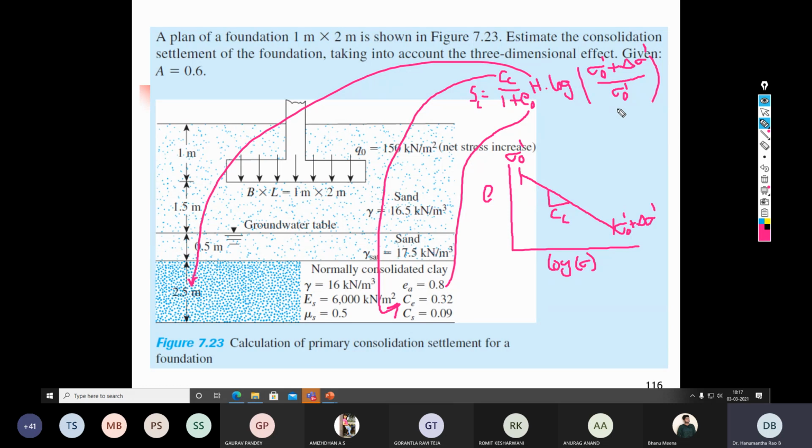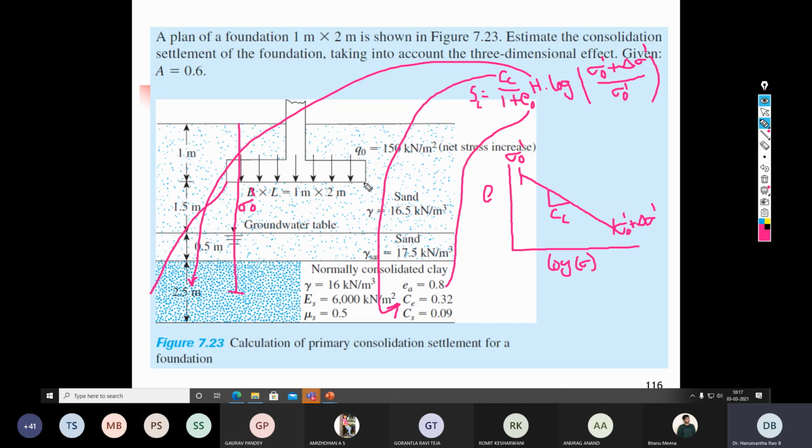How do you calculate sigma naught dash? Sigma naught dash is the initial effective overburden pressure at the middle of the clay layer before construction of the footing.